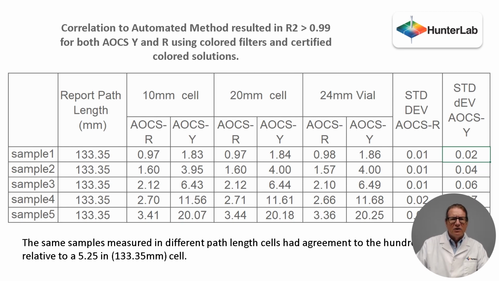Additionally, we used a 24 millimeter diameter vial. These are glass cylinders, optical glass. They're 50 millimeters tall. They have a threaded throat, and they come with a sealing cap. A filled and capped sample eliminates the chance for spillage. It's very easy to heat these in a water bath, and then you can quickly transfer the vial to the spectrophotometer for measurement.